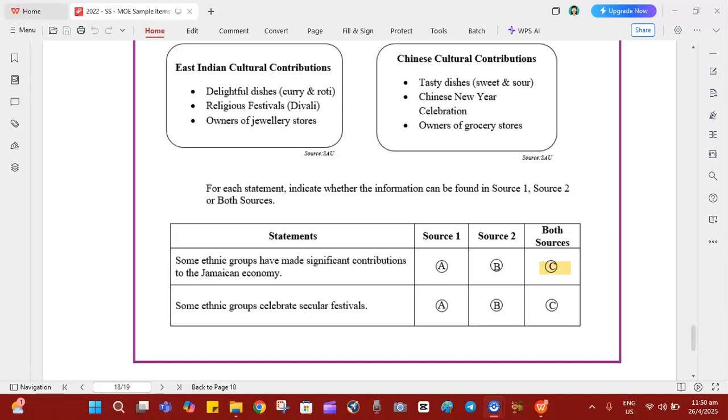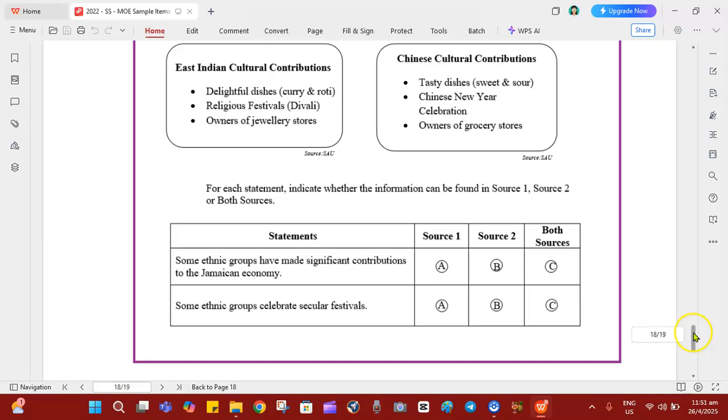Some ethnic groups celebrate secular festivals. Which of them? Diwali, is it a secular festival? Chinese New Year, is it a secular festival? You have to know these. So, which is a secular festival, which is a religious festival?